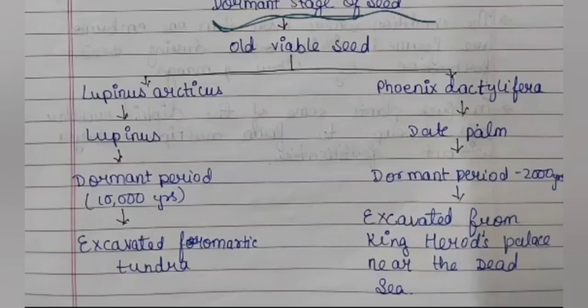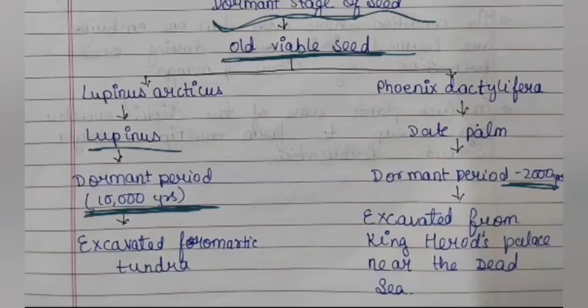Few seeds have been found which are very old viable seeds. In the case of Lupinus articus, its dormant period is 10 years, and another example is for 2000 years is of a date palm.